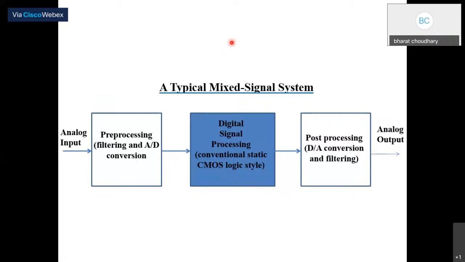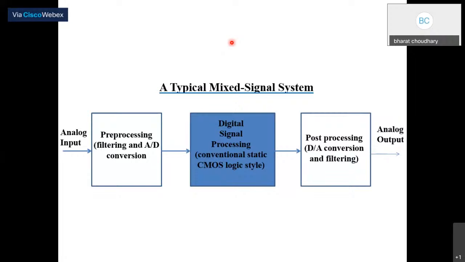The analog input is pre-processed by filters and analog to digital converters into a digital output. This digital output is processed by such DSP processors, where fundamental CMOS logic circuits are used.